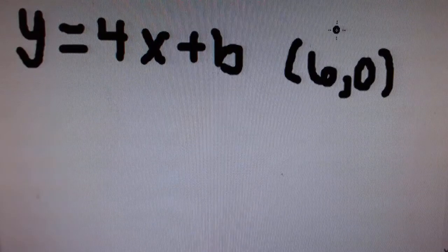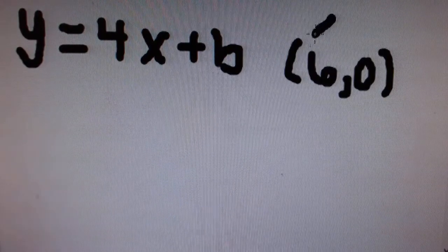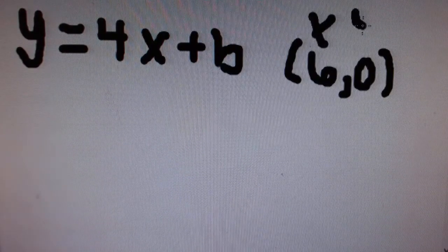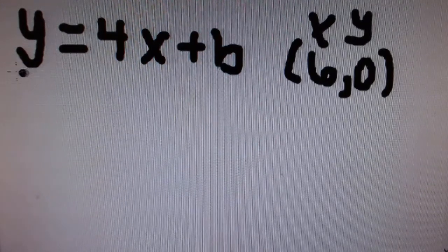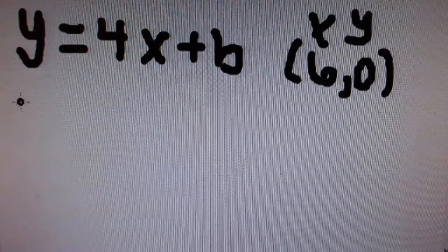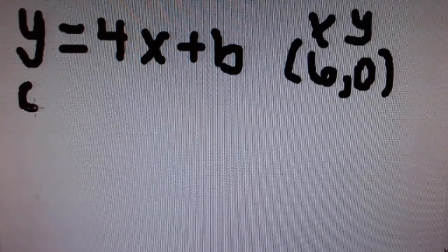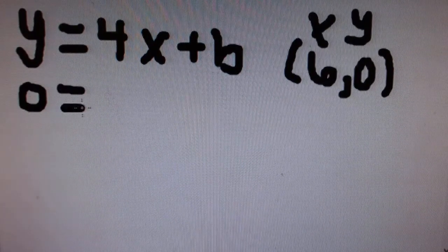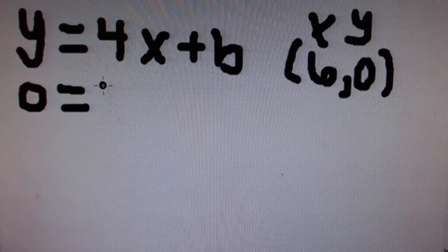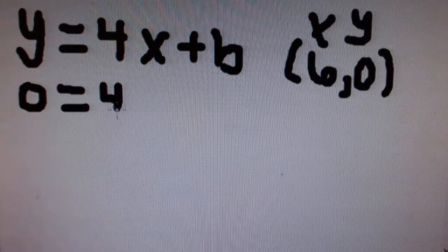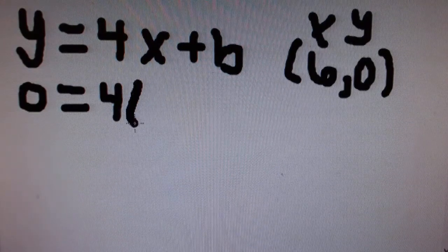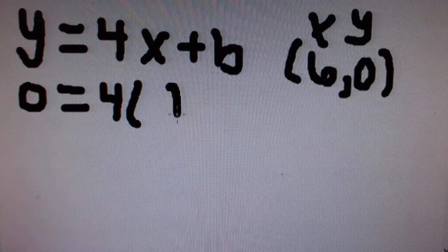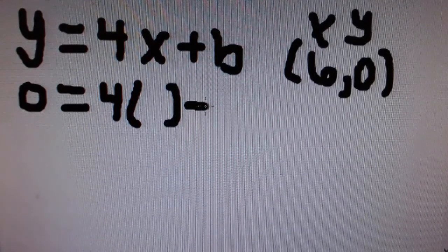Now to substitute, because x is 6 and y is 0, wherever there's a y, I'm going to substitute it with a 0. Now the x, since this can technically be considered 4 times a number, I'll turn the x into parentheses. And inside the parentheses, I'll go ahead and drop the b down.